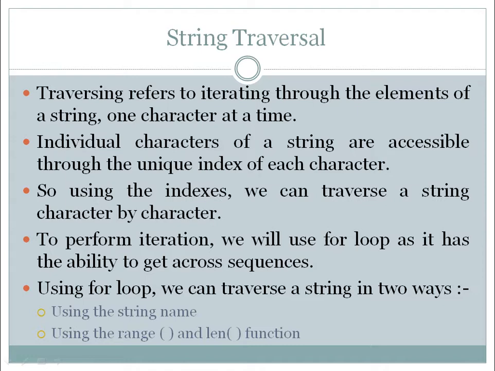Similarly, list and tuple are also sequences. If you have studied the looping constructs in the previous video, you know that the for loop can get through a sequence. Its syntax is helpful to get us through the sequences. So we will be using the for loop for string traversal.